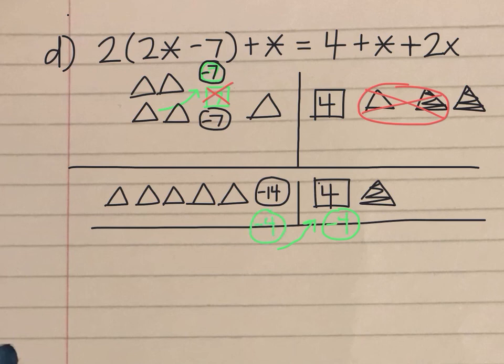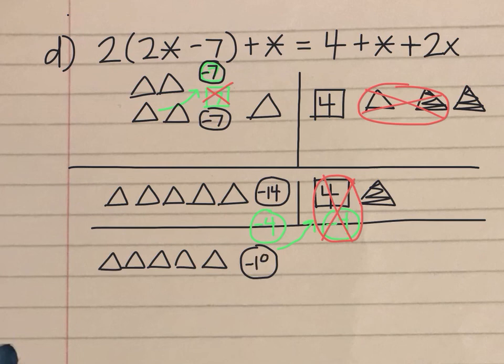If you bring in a positive 14, that's fine too. As long as you're working within the legal moves, you're fine. I'm going to cancel those out, and I am going to record that I have 5 stars and a negative 18 equals 1x.